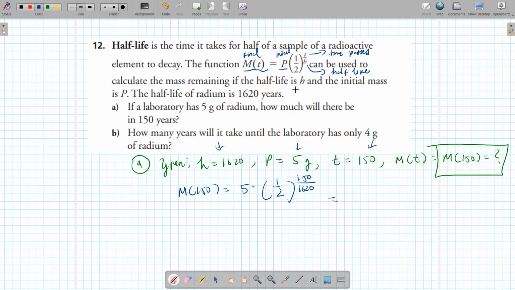Do you want to try plugging that into a calculator? You should get a number that's smaller than 5. If you don't, that means something went wrong.